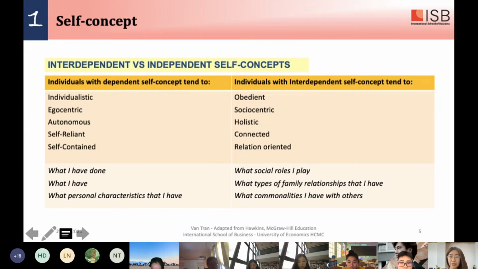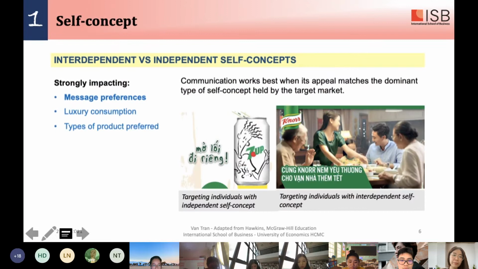And there are some characteristics of these types of individuals when they have different views of the self-concept. And some of that will lead to some of the behaviors that they have in terms of consumption. For example, first of all, in terms of the message that they prefer to hear.